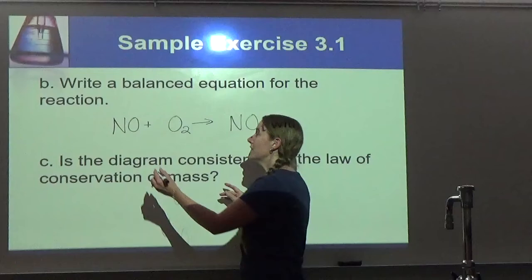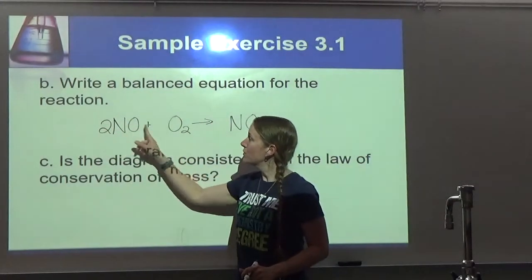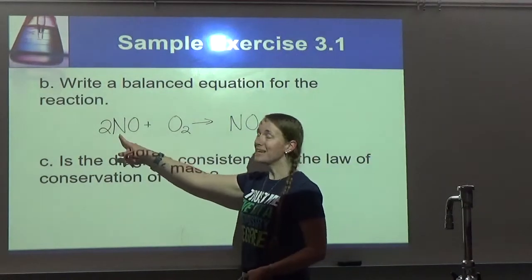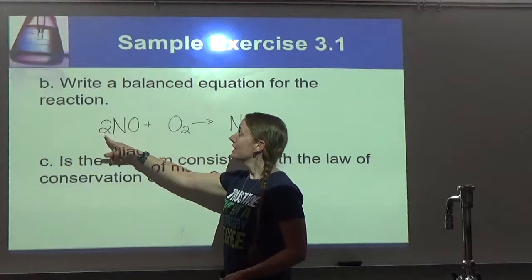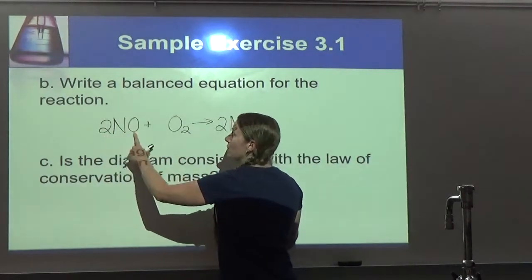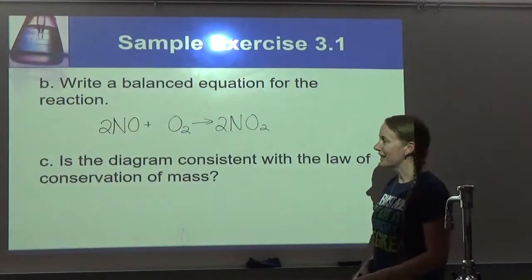So remember, the way to make it even is to just put a 2 in front. So see, now it's 2 O's plus 2, which is 4. But before I worry about O, I've messed up N because I put a 2 in front of it. So now I have 2 N's, so I need a 2 here. And now I have 2 plus 2, which is 4 O's, and 4 O's, just like that.